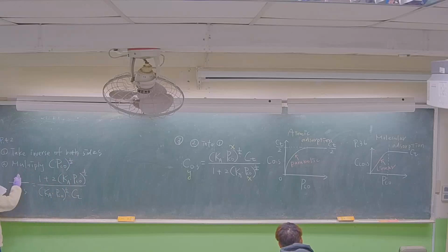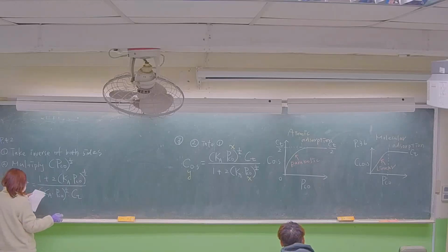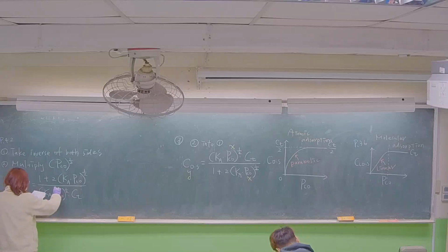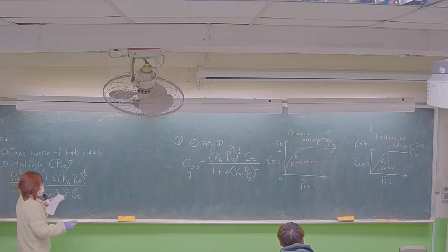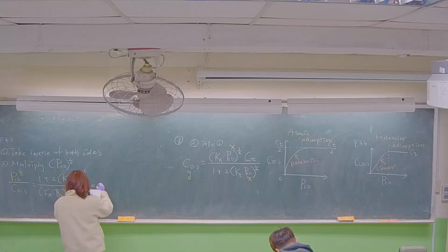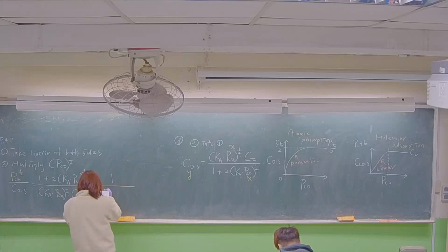So PCO to the power 0.5 and this one, right? And I want to further modify this one by separating it into 2 terms.